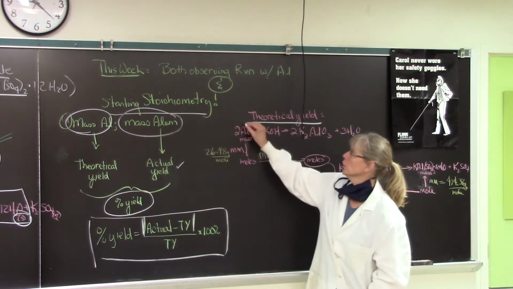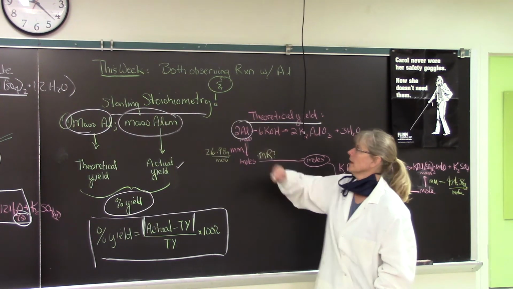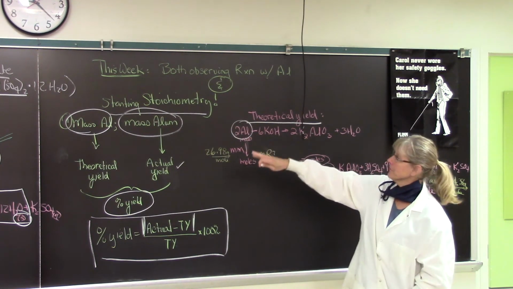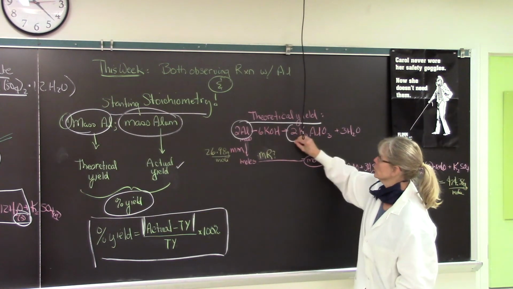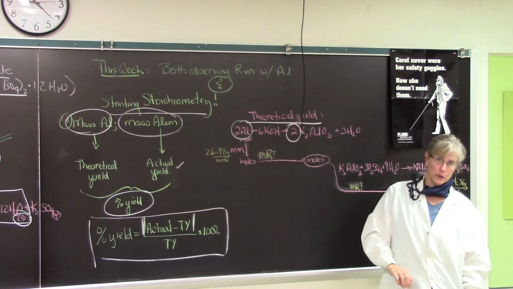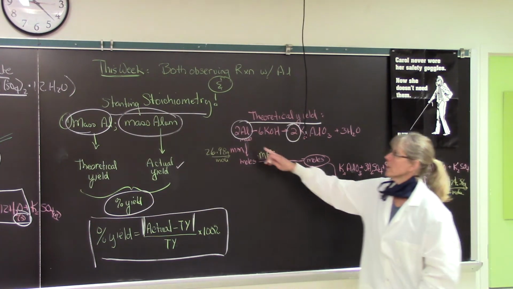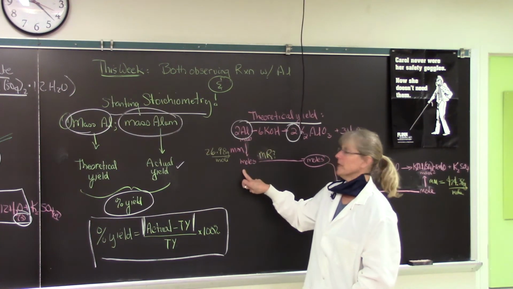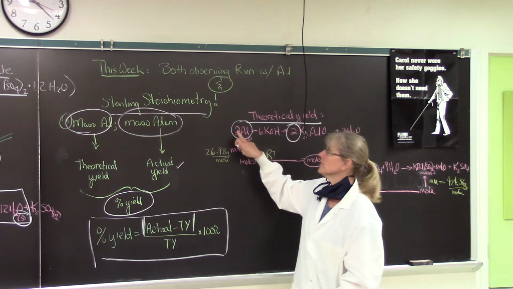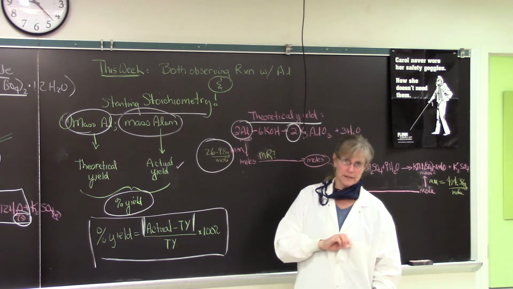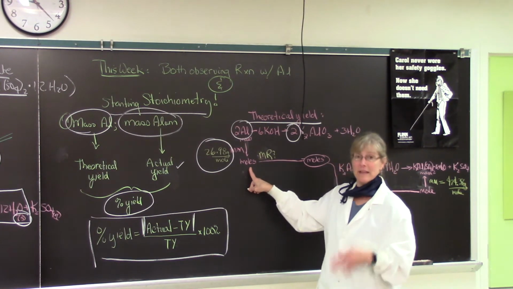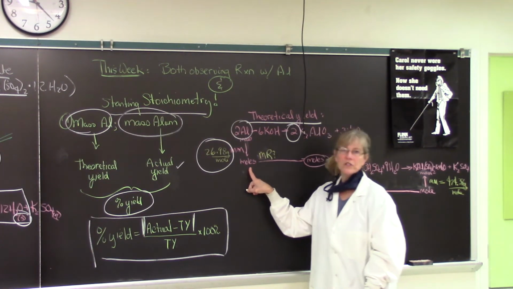Here we've got aluminum. This is our first equation over there. 2 aluminums plus 6 potassium hydroxides give us 2 potassium aluminates. So I need to get mass of aluminum to moles of aluminum. I use my molar mass. Now I, in theory, have the moles of aluminum.